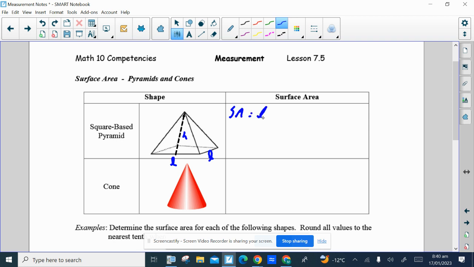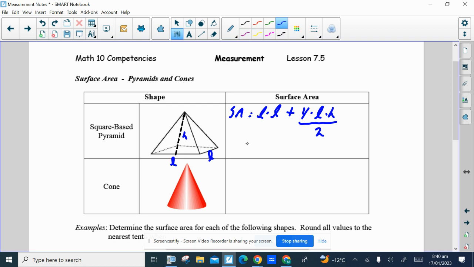So the first part we'll do is the bottom. It is L times L, which would be L squared. Plus, then we have 4 triangular faces, and they're all the same, so it'll be 4 times the area of a triangle, base times height divided by 2. We've labeled the base of each triangle as L, so it's L times H divided by 2.